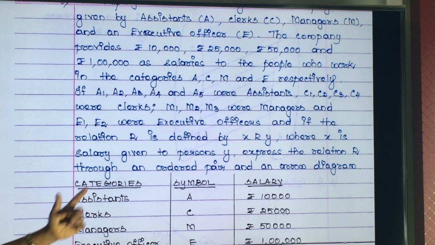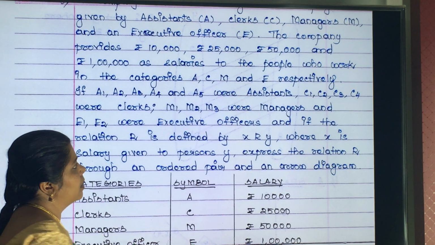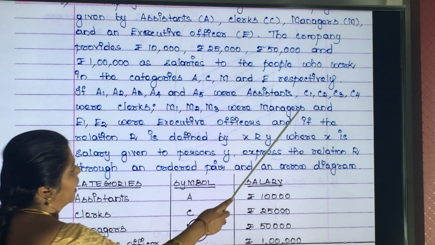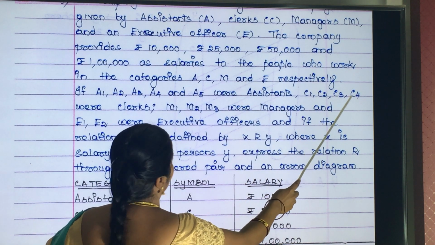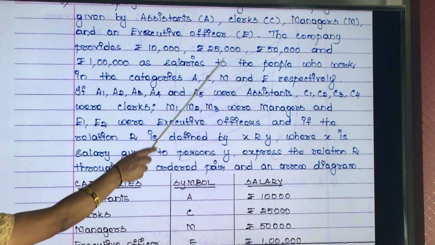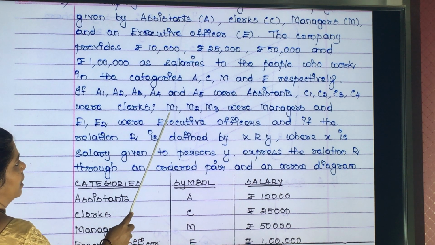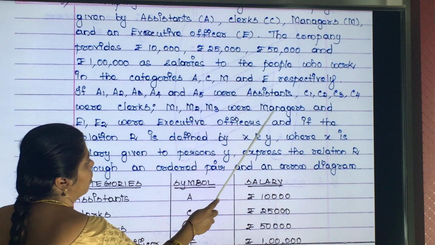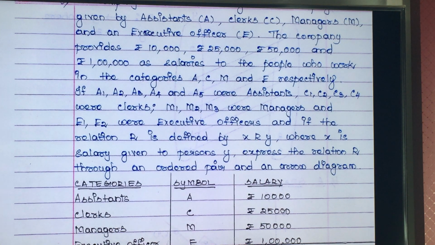Likewise, the second category is clerk. C1, C2, C3, C4, so 4 clerks are there. Next category are managers, M1, M2, M3, so there are 3 managers. Next, there are 2 executive officers, E1 and E2.